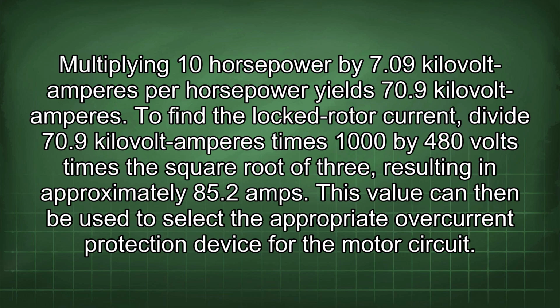To find the locked rotor current, divide 70.9 kilovolt amperes times 1000 by 480 volts times the square root of 3, resulting in approximately 85.2 amps. This value can then be used to select the appropriate overcurrent protection device for the motor circuit.